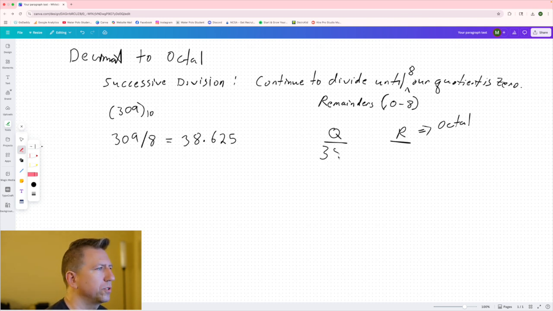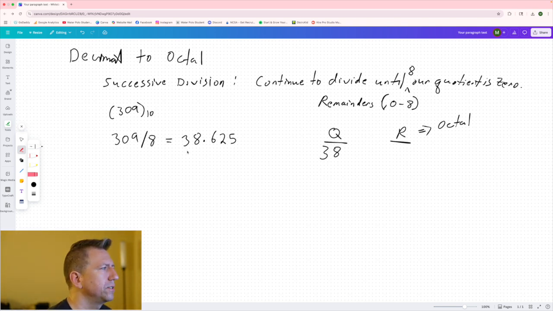We have a quotient of 38, and then we have a remainder of 0.625, but we don't want our remainder to be 0.625. We want it to be an integer because we're trying to write this as a number inside our octal number. So what does that mean, 0.625? Well, when we divided by 8, we got 0.625. So if we want the integer number, we have to take that 0.625 and multiply it by 8 to get our remainder.